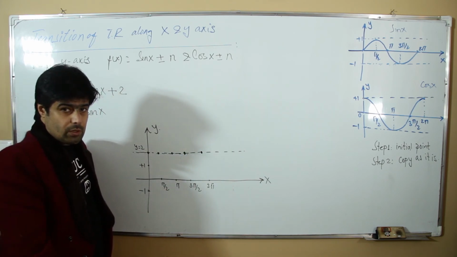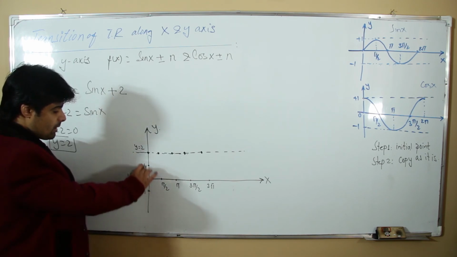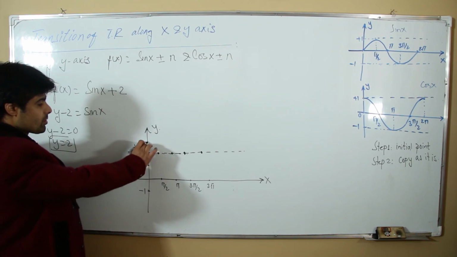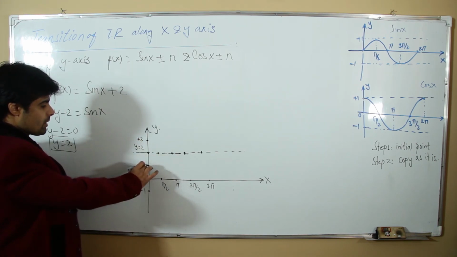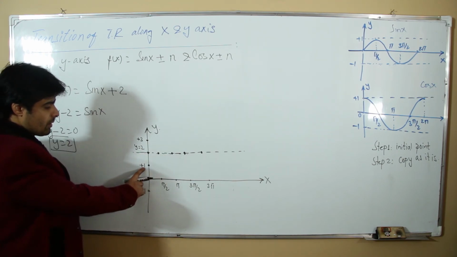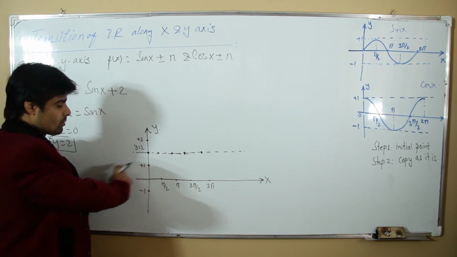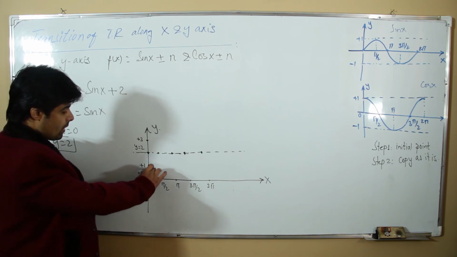Now, your graph was between positive 1 and negative 1. Here, for this line, positive 1 is positive 3 and negative 1 is positive 1. For the line y equal to 2, positive 1 is 3 and negative 1 is 1. Our graph was here.